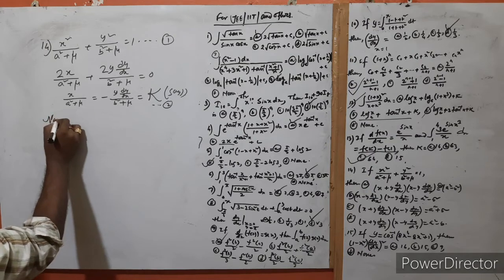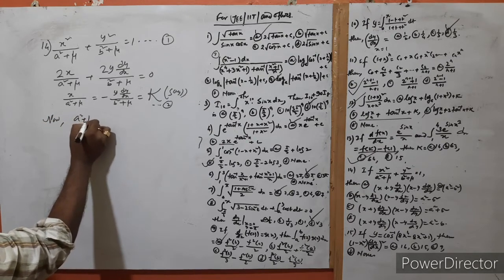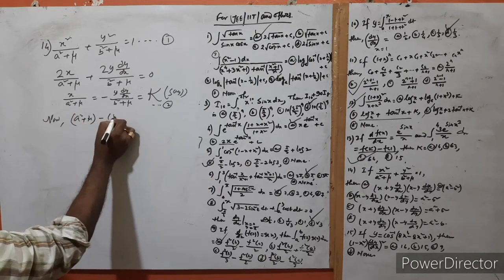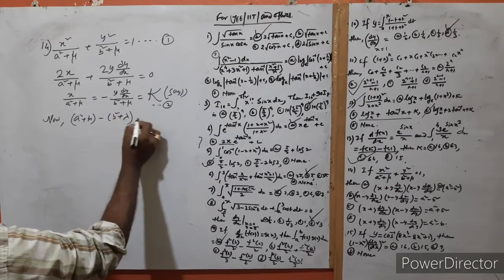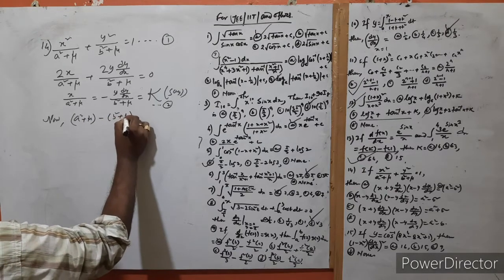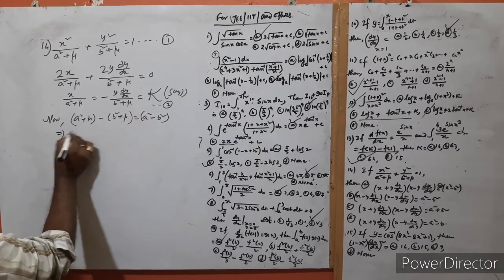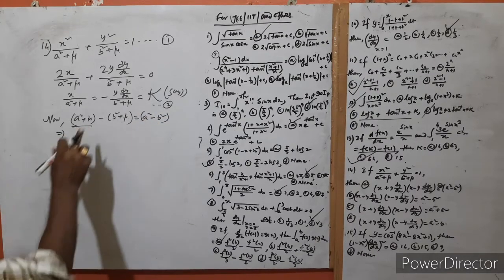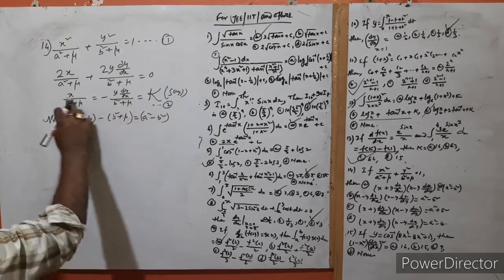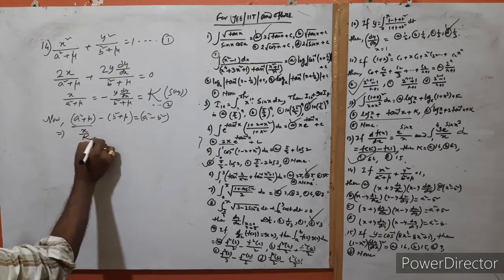Now a square plus mu minus b square plus mu, mu and mu are cancelled. So this is a square minus b square. From 2, this is x by k.